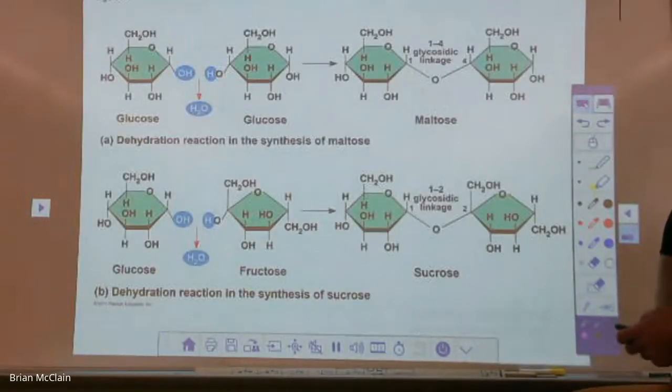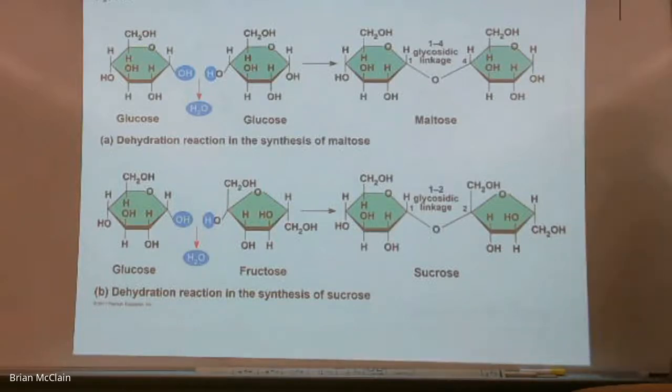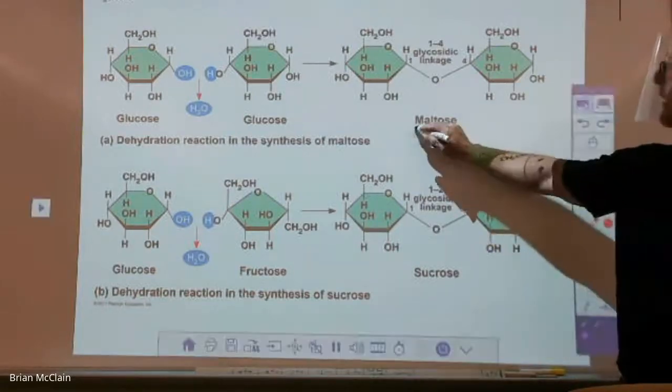Let's look at this one right here. So this is the combination that we were looking at in terms of forming one of our disaccharides known as maltose.